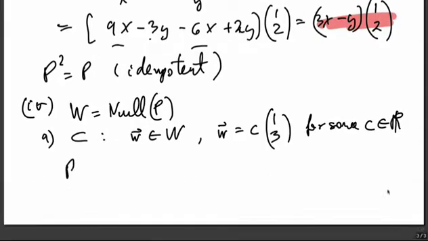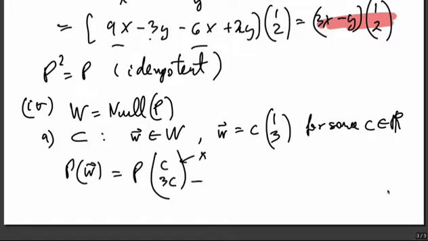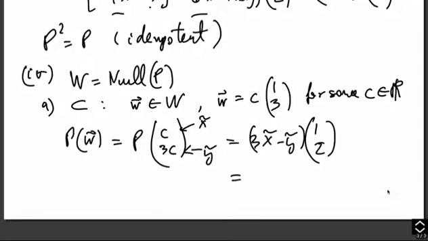Then we check what the effect of the projection is on this w vector. So that's the c, 3c vector that we apply P to. That means this is my x, this is my y. And the definition of P is, let me use the notation x tilde, y tilde, so this would be 3x tilde minus y tilde, and then the 1, 2 vector. But x tilde is c, so this is 3c minus y tilde, which is 3c.